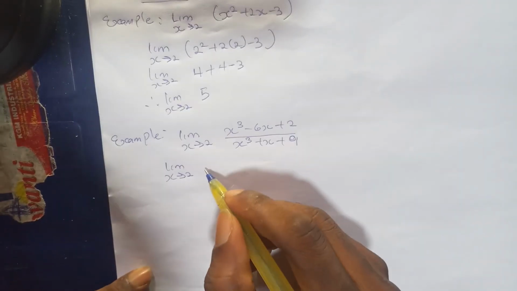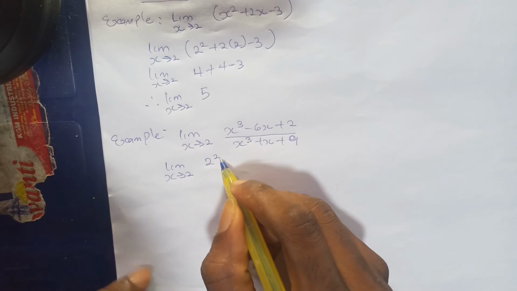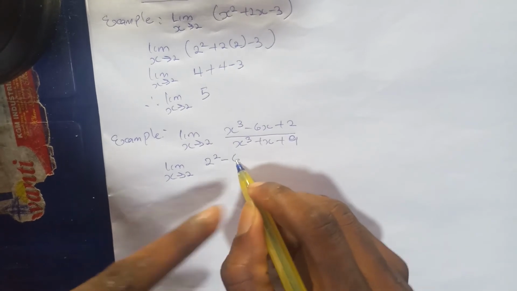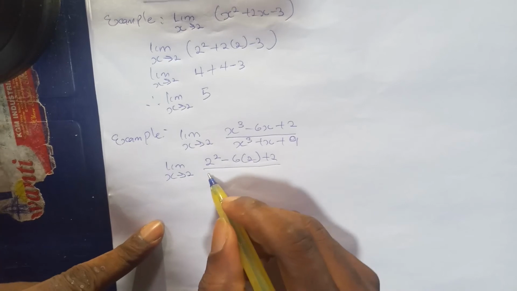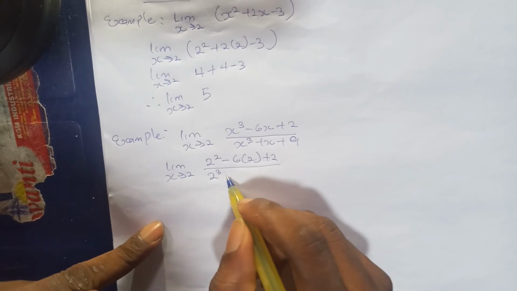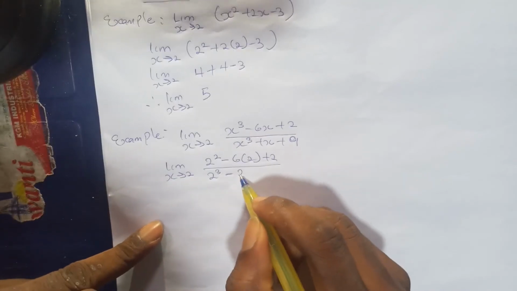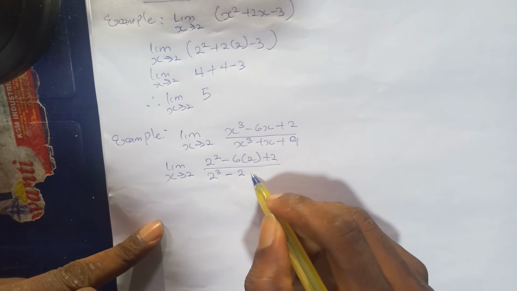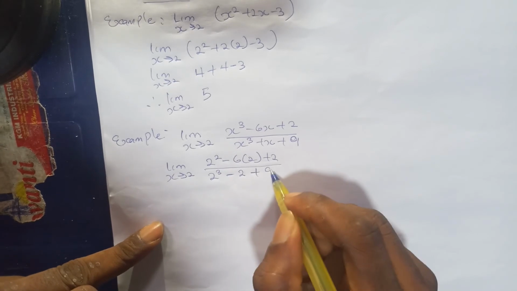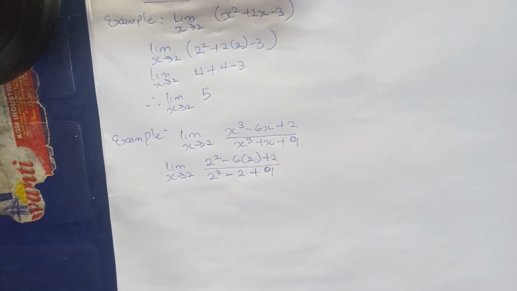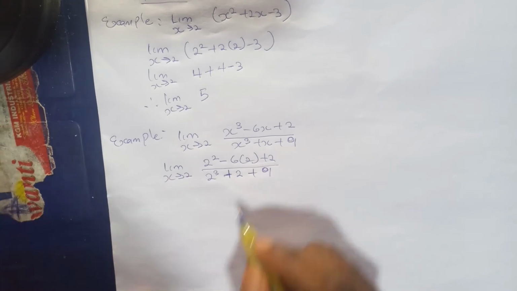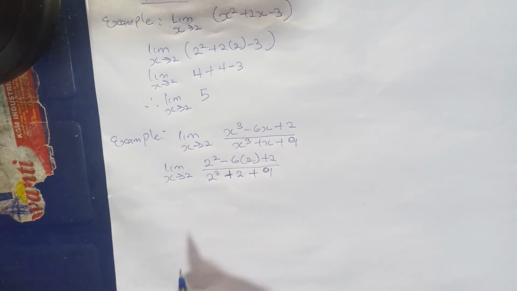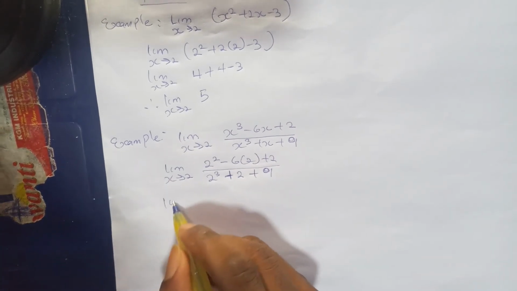Anywhere we see x, we put 2. 2 cubed minus 6, open bracket, 2 plus 2. Again, 2 cubed minus 2 plus 19. Okay, this will be plus. This is plus 19.